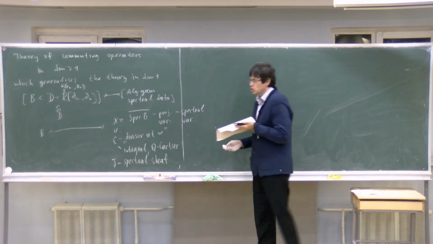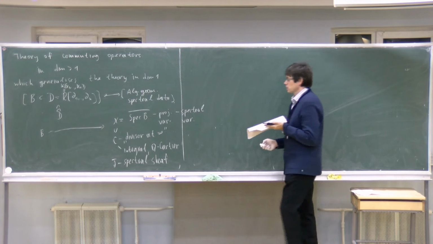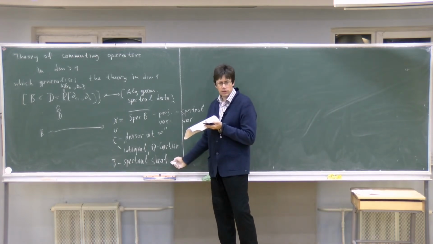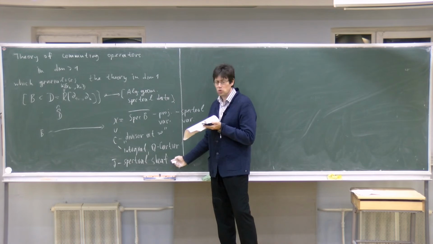But the generalization is very specific, because in dimension 1 the spectral sheaf almost always is a vector bundle, or a sheaf of sections of a vector bundle. But in dimension 2 and higher, this sheaf is never a vector bundle. Never.